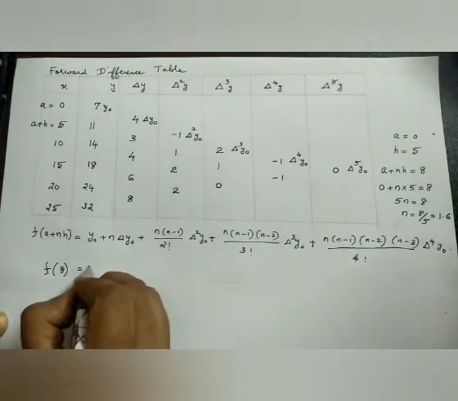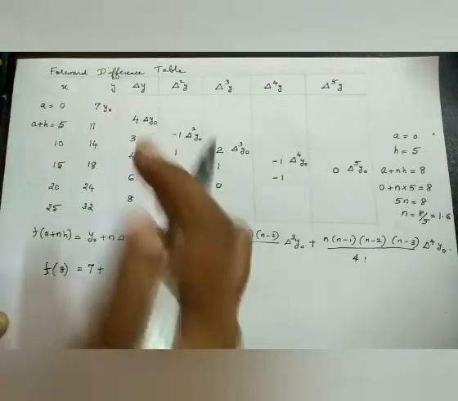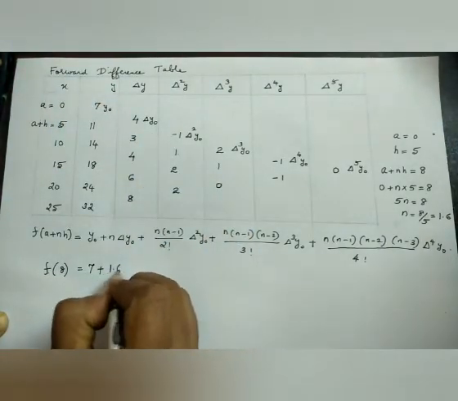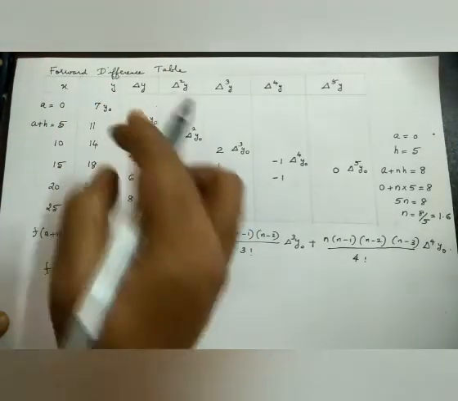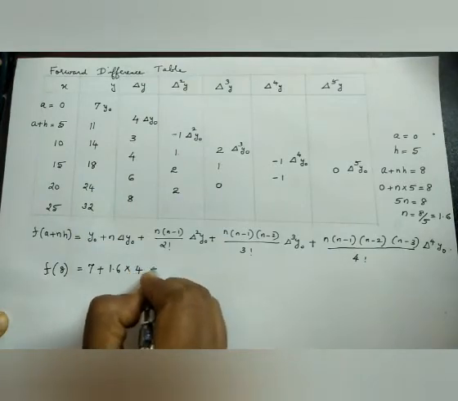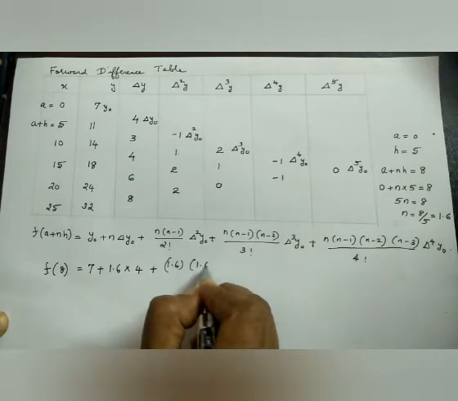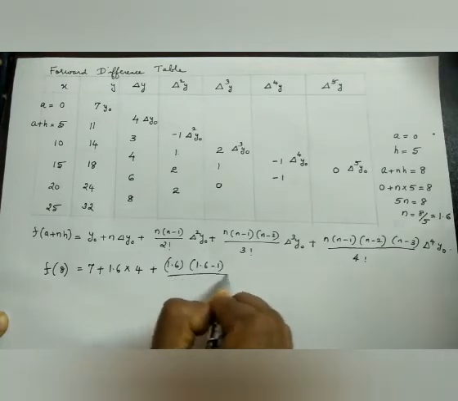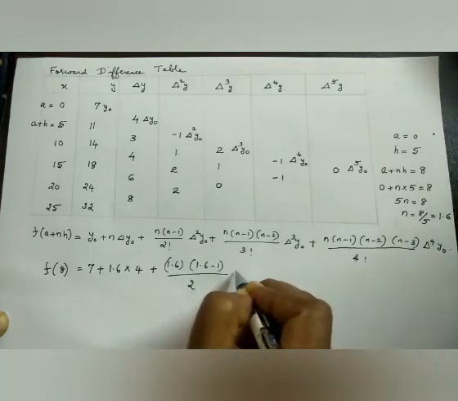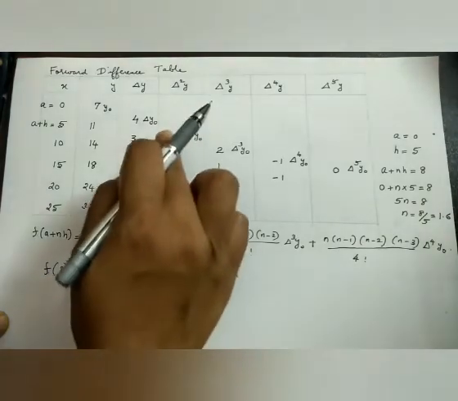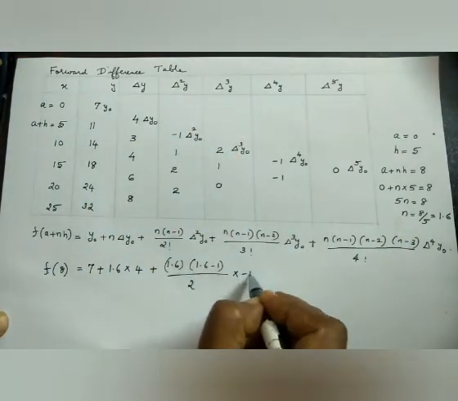y0 is 7 plus n is 1.6, delta y0 is 4. Plus n is 1.6, then 1.6 minus 1 divided by 2 factorial is 2, into delta square y naught from the table is minus 1.